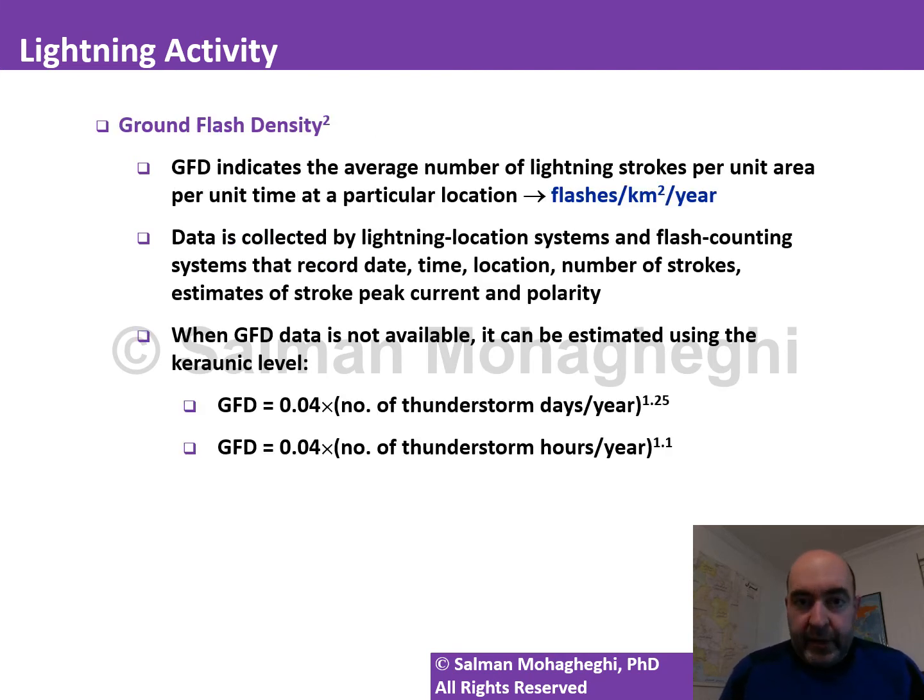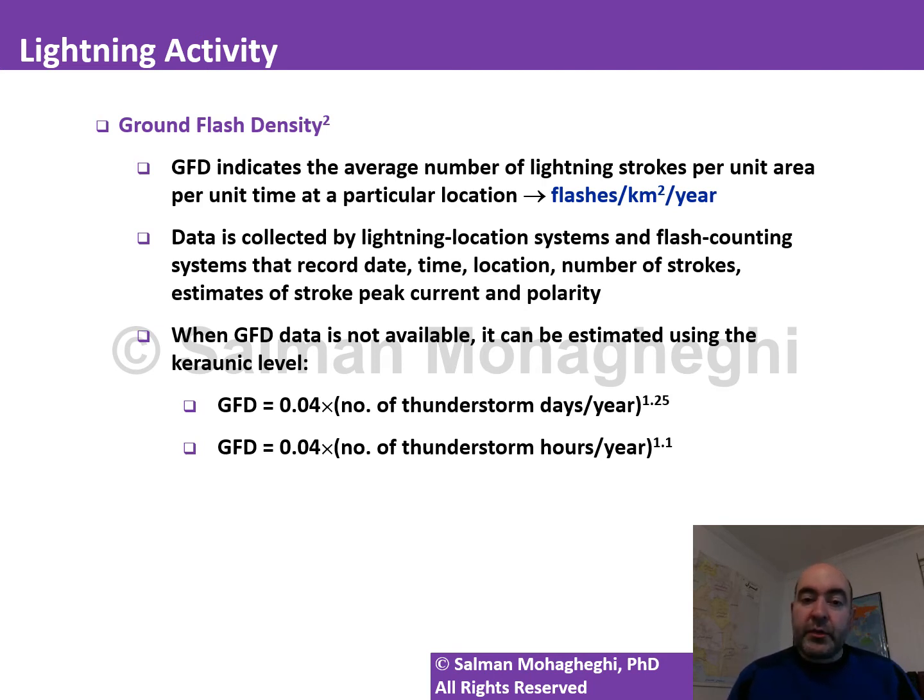Another metric that we can use is ground flash density, or GFD. GFD tells you the average number of lightning strokes that occur per unit area per unit time for a particular location. The units of GFD are number of flashes per kilometer squared per year.